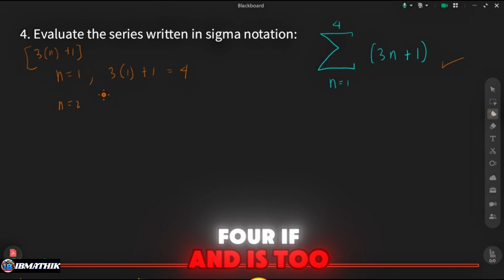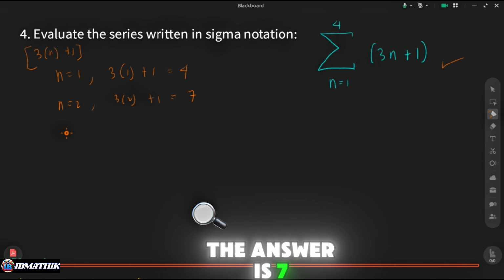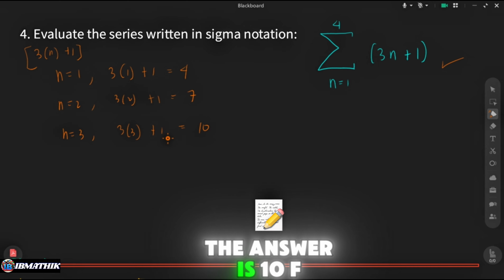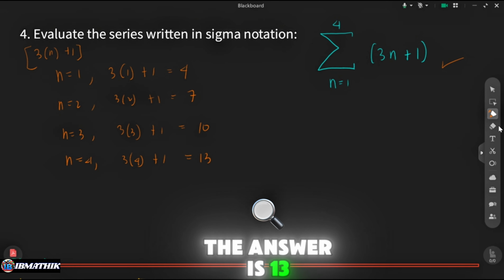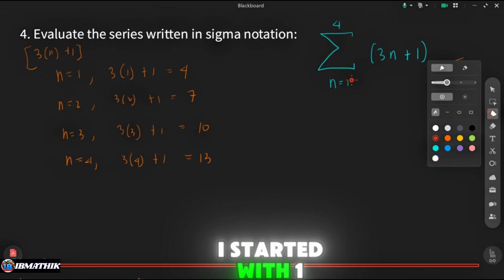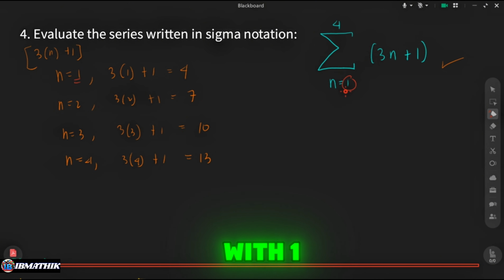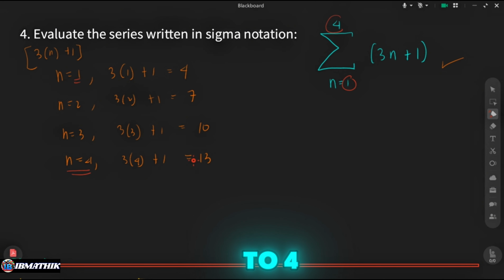If n is 2, the answer is 7. If n is 3, the answer is 10. If n is 4, the answer is 13. I started with 1 because the sigma notation must start with 1, and it ends with n equal to 4.